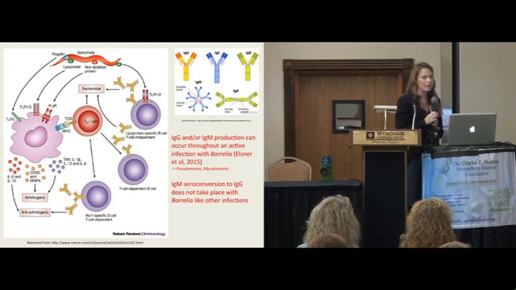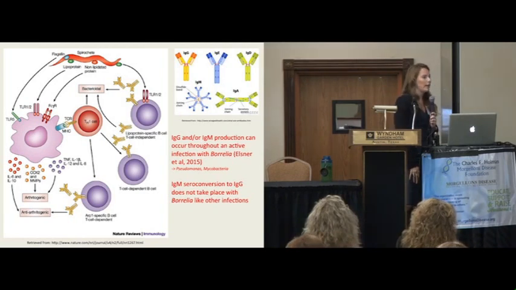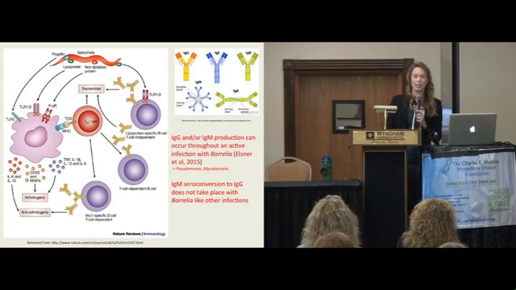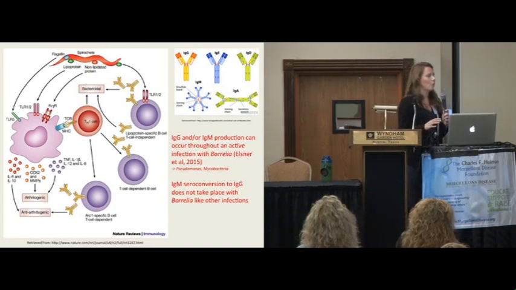So what's interesting, if you've had any biology class, any immunology class, if you've gone to medical school, nursing school, you learn that IgM, which is kind of this acute phase antibody, is only produced within the first month of the infection, and then goes away and seroconverts into an IgG antibody. So we'll be talking about this a little bit later, but what I want you to realize is that the textbooks, I hate to say it, but some of them are wrong.